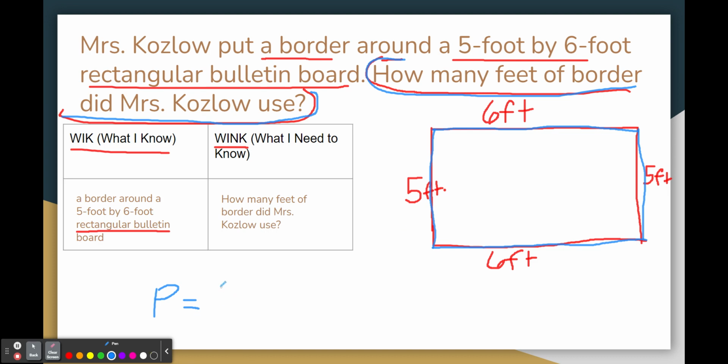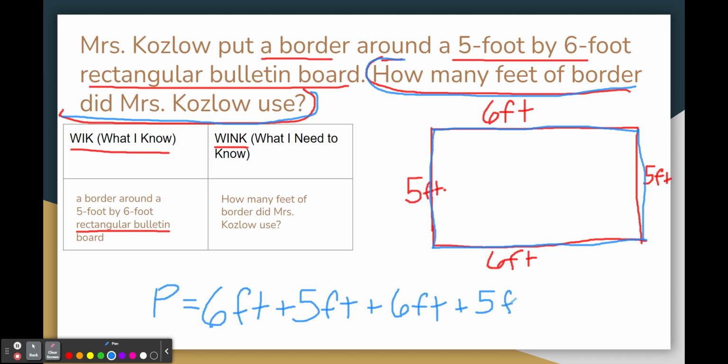So I have a side length of 6 feet plus 5 feet. I also have another side length that's 6 feet. And I have my last side length of 5 feet. So I know that 6 plus 5 is 11 feet.